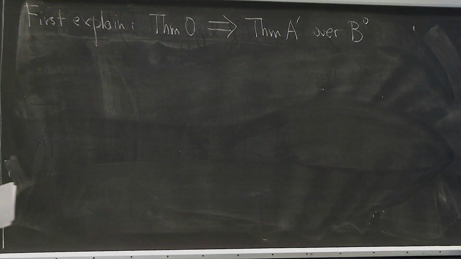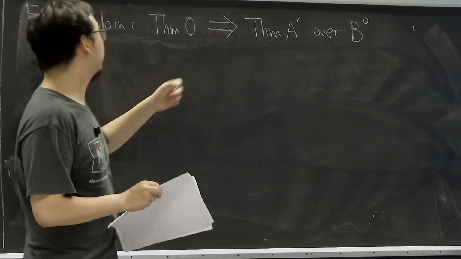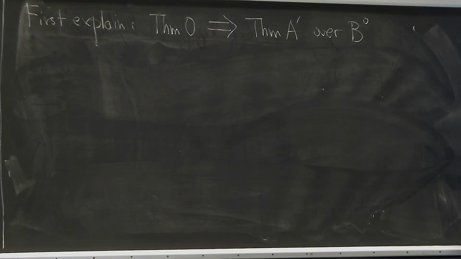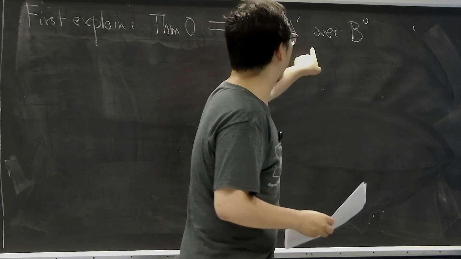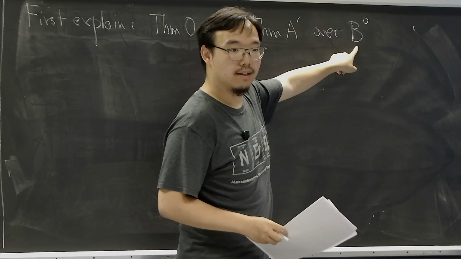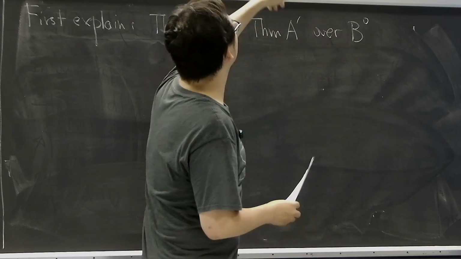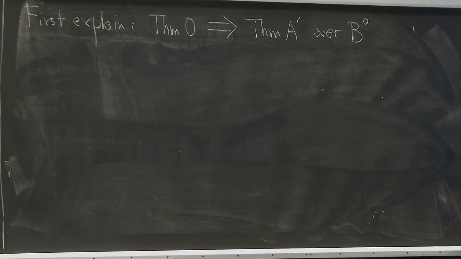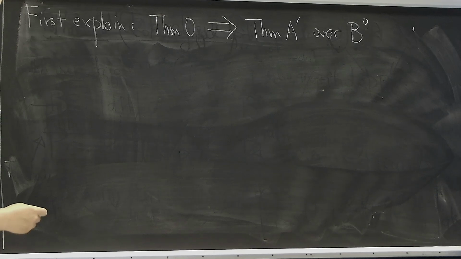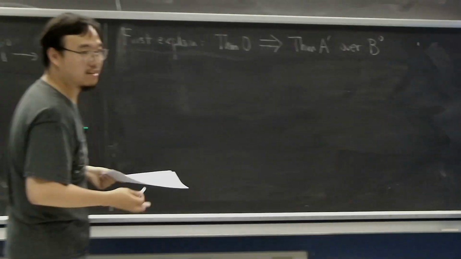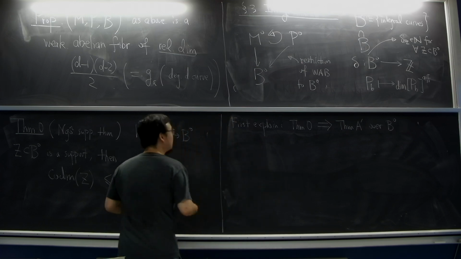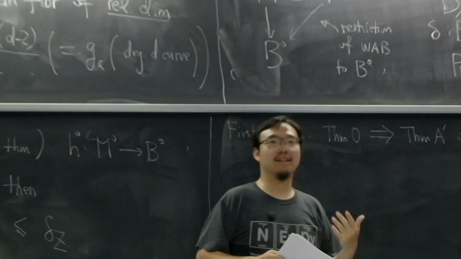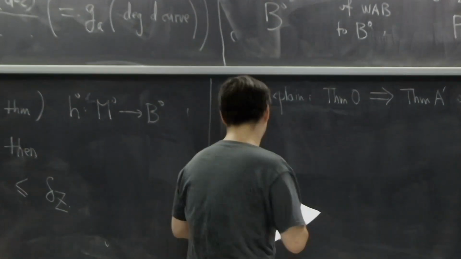Then I'm saying that the full support theorem is immediately a consequence of this. Theorem A prime over B0. The B0 is the Scuola set, which only considers isomorphism. But this is the first step. So in the entire section 3, I'm talking about the integral part. This is immediate by combining with the inequality in classical geometry.